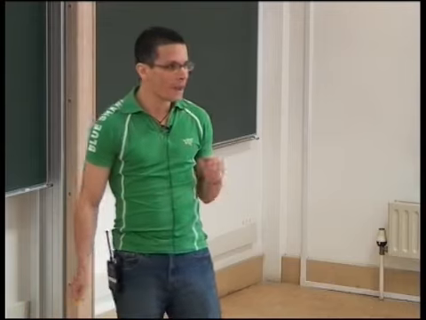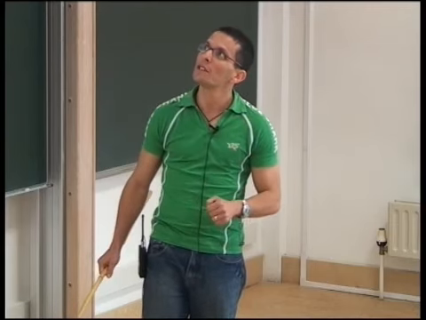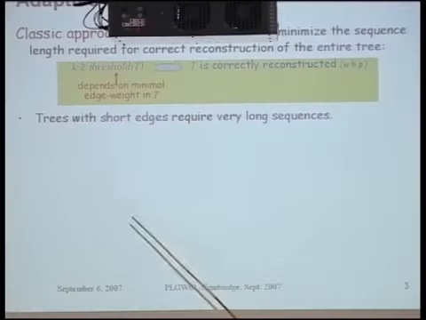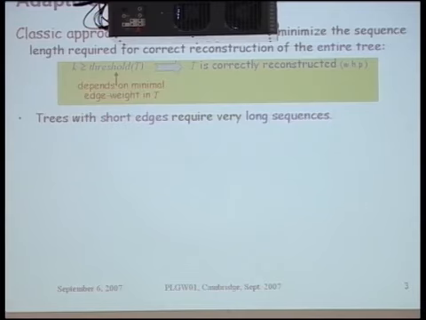And one thing that really appears again and again in all these works is that this threshold function, which is a function of the structure of the tree, has a dependence on the minimal edge weight of the tree.